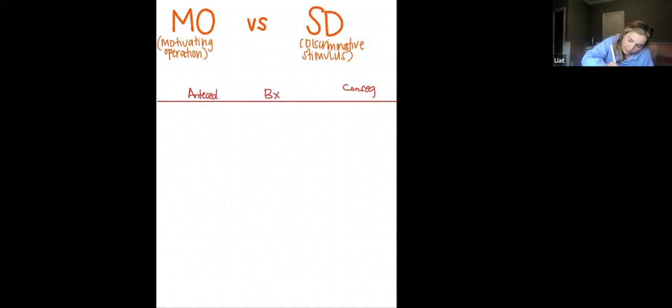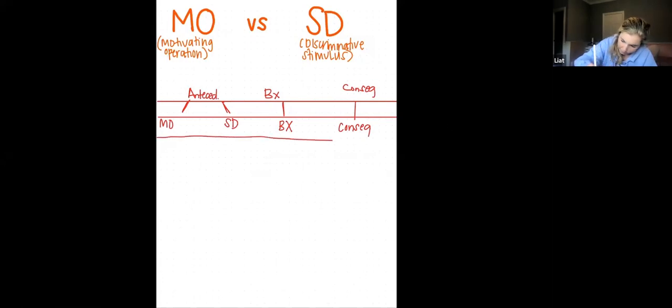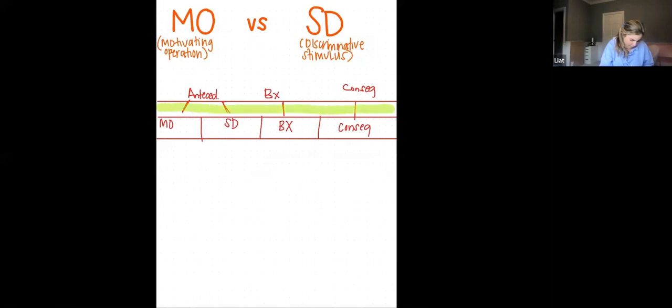So now we have the MO, the SD, the behavior, and the consequence. The first row above, with the three, is a three-term contingency. And when we break it down further, it becomes a four-term contingency.